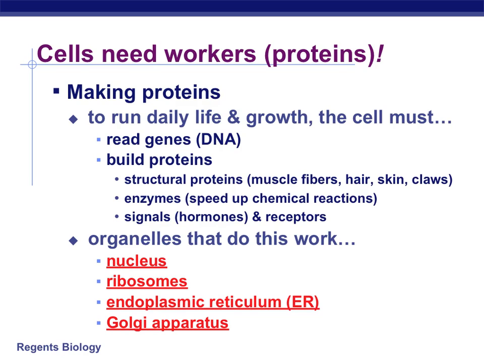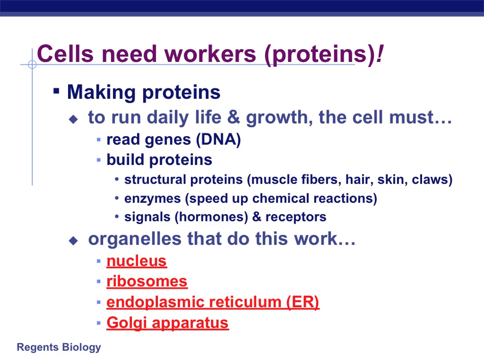They need to read genes, which is the DNA, the nucleic acid, that is the blueprint for life. We have structural proteins, we have enzymes that we've talked about, we have signals and receptors that allow cells to talk or communicate or signal with chemicals and other cells outside of their own barriers.